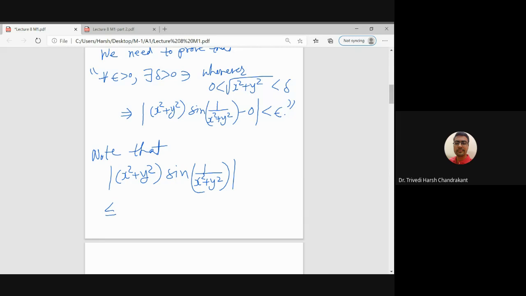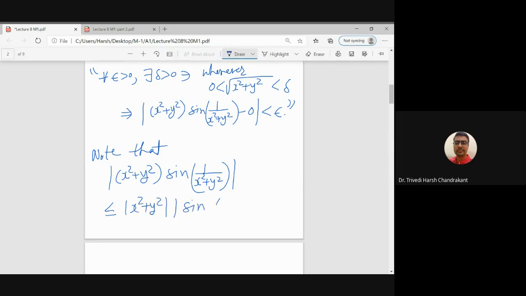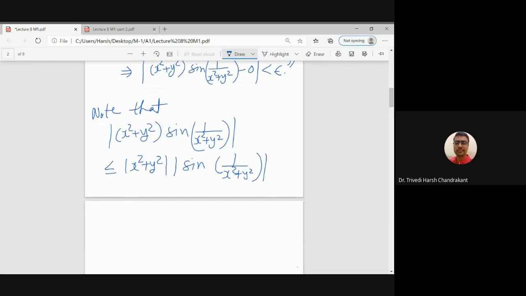So therefore we get that the modulus of (x square plus y square) times sine of 1 divided by (x square plus y square) is less than or equal to x square plus y square, because the modulus of sine of 1 over (x square plus y square) is less than or equal to 1.